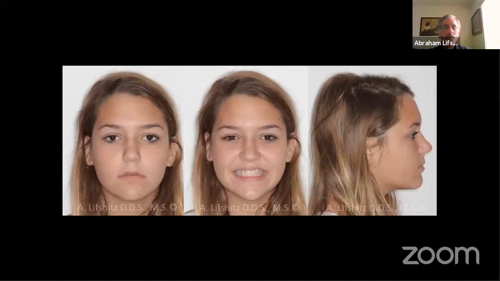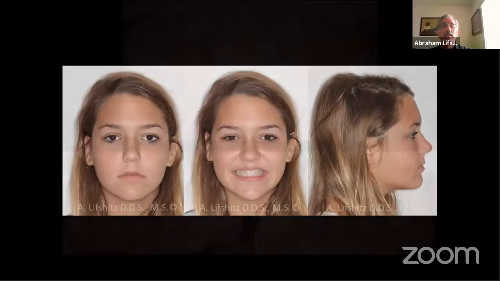Facially, she matured quite a bit. These pictures were taken just at the debonding appointment, so there's some gingival hyperplasia. She's happy because we didn't have to wait or replace a fixed partial denture, and she has a nice profile.